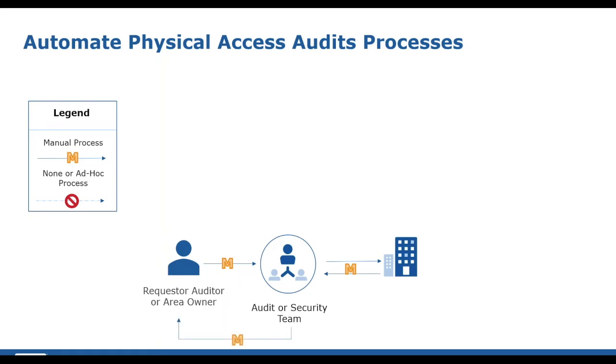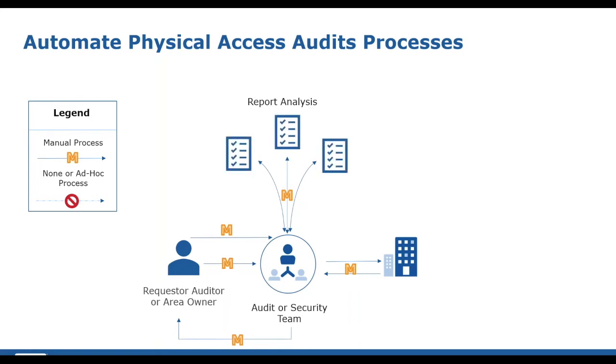That building access report was sent back to the audit security team, and then again sent back to the auditor, which would take several days at one time. Then the auditor would review that and send the analysis back to the team. And they would then have to do that for each and every building. That's why many of their audits would take months at a time, and it cost them hundreds of thousands of dollars.